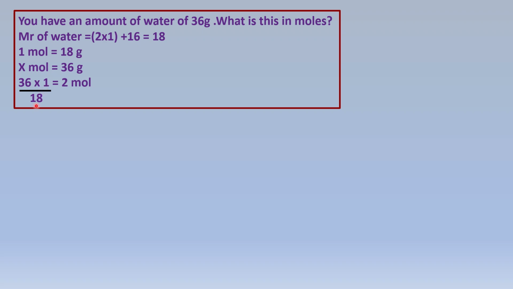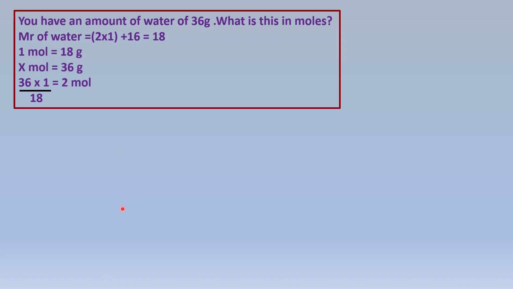When it's divided by 18, the answer is 2 mole. So my answer is 2 mole. 1 mole of water has a mass of 18 gram and 36 gram is 2 moles.